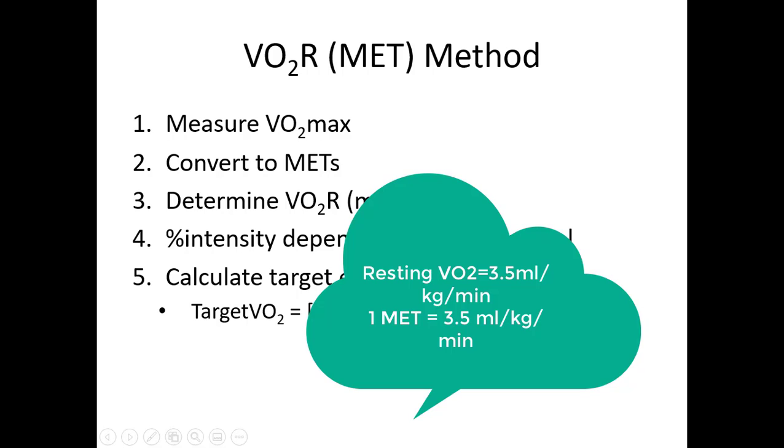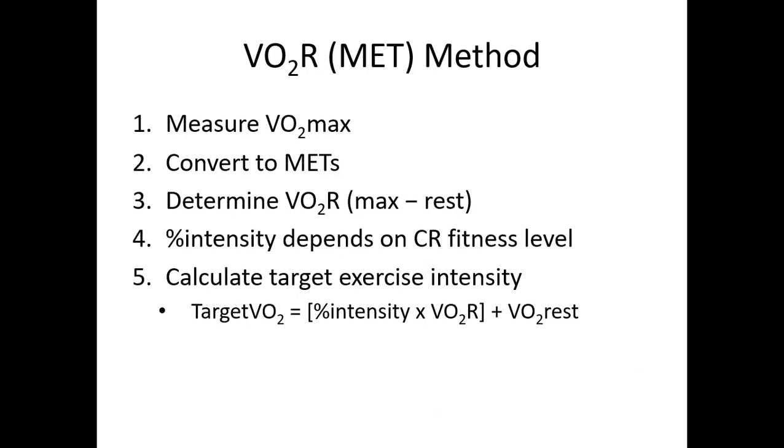The VO2 reserve method works like this. First, you need to measure your VO2 max or calculate it using a field test. You already did, right? Then you must convert that VO2 max value to a MET value. It's easy: your VO2 max value divided by which number? 3.5, right. Next, you must determine VO2 reserve.